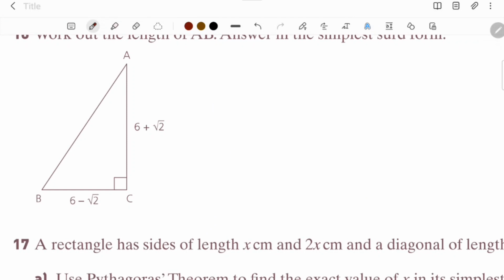Whenever you see a right angle triangle, you relate it to Pythagoras theorem. So Pythagoras theorem, the hypotenuse here we write as AB. AB square is actually equal to AC square plus BC square.